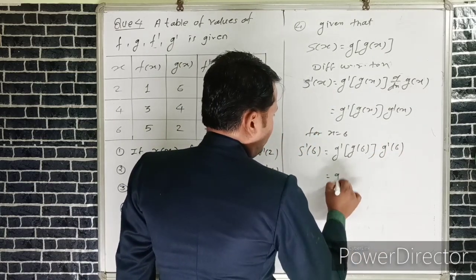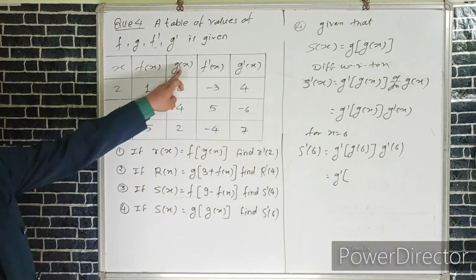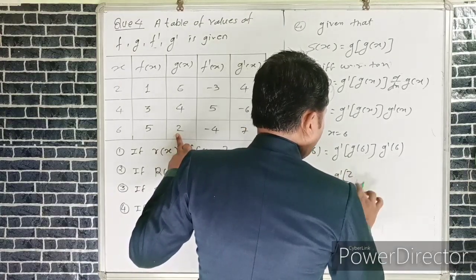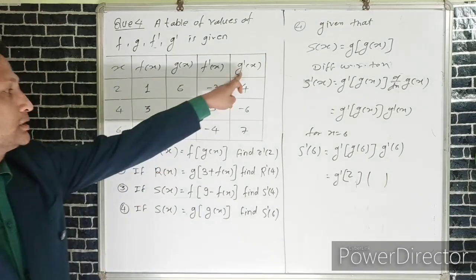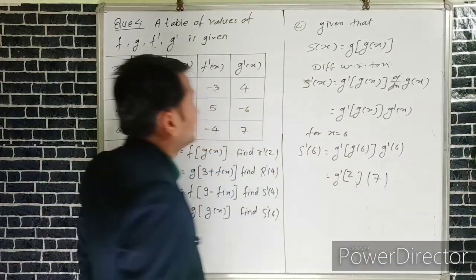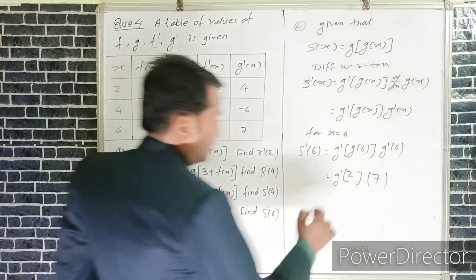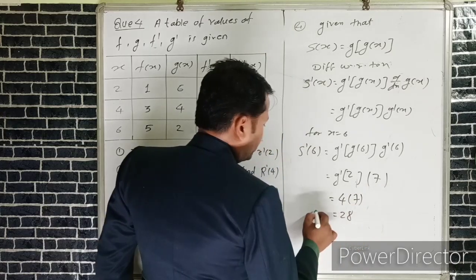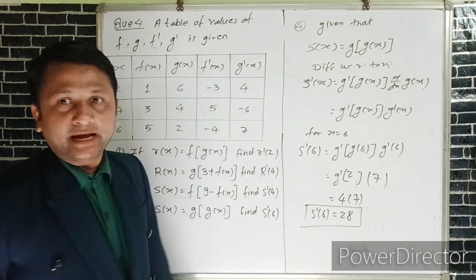Here the value of g of 6 is 2, into g dash of 6. g dash of 6 is 7. The value of g dash of 2 is 4. Means 4 into 7 is equal to 28, which is the required value of s dash of 6.